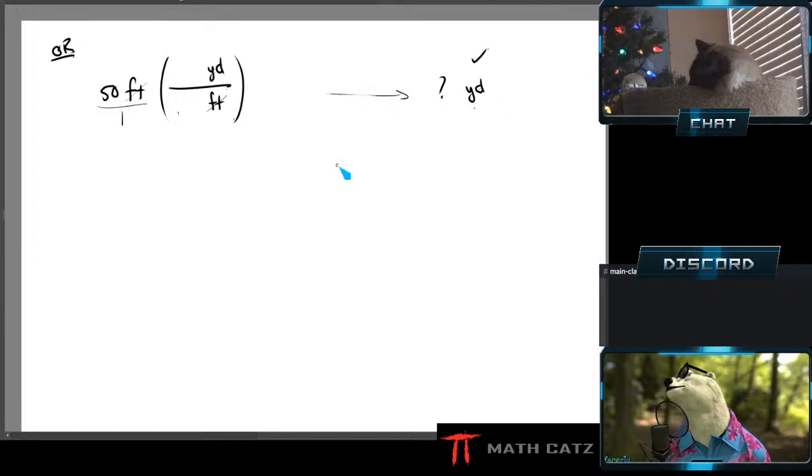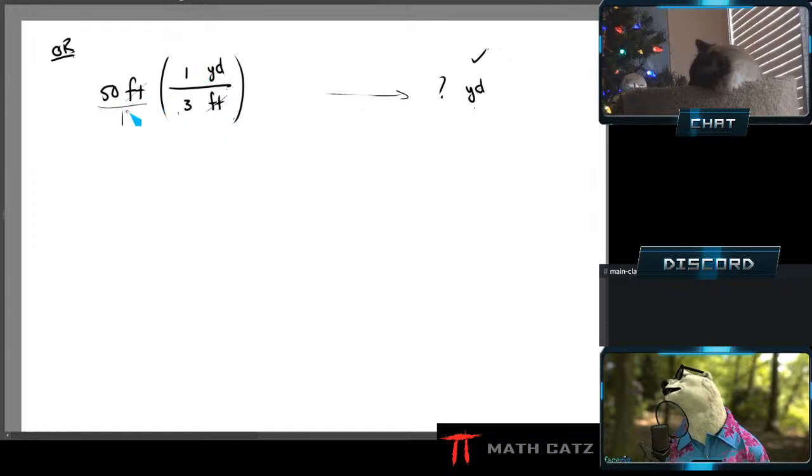So the unit is correct. This reference pair is going to be 1 yard and 3 feet, which is essentially the same distance, the same length, right? So I'm not changing the original length of 50 feet because 1 yard is exactly the same as 3 feet. This is sort of like multiplying by 1.